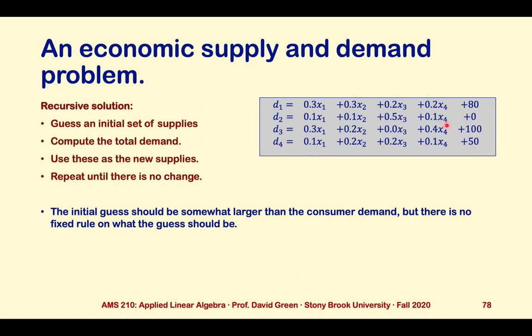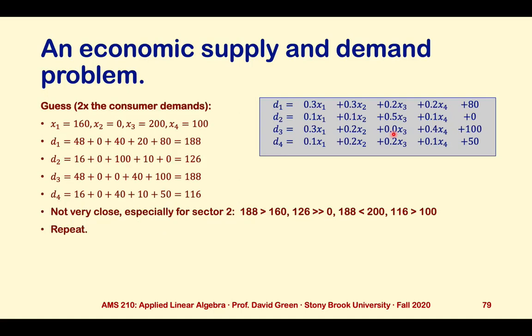It should probably be more than that, because we know we're also going to need stuff to satisfy the sectors producing what they have. But there's not really a well-defined best way of guessing. One possible way of starting a guess is just to double the consumer demands and go from there. Right?